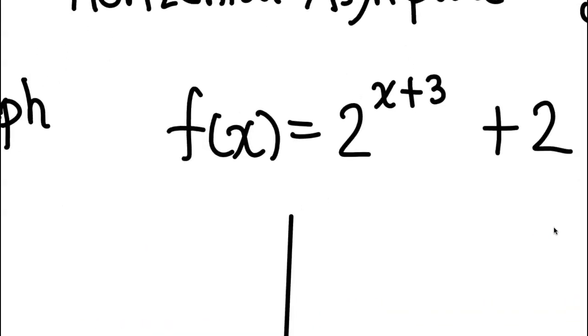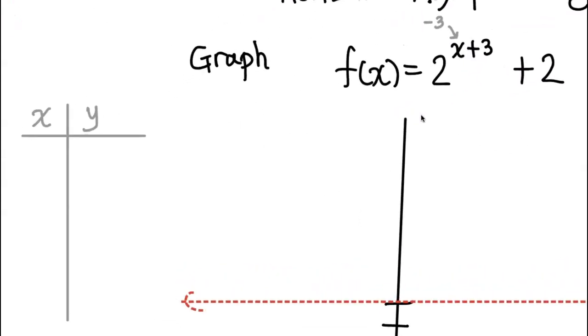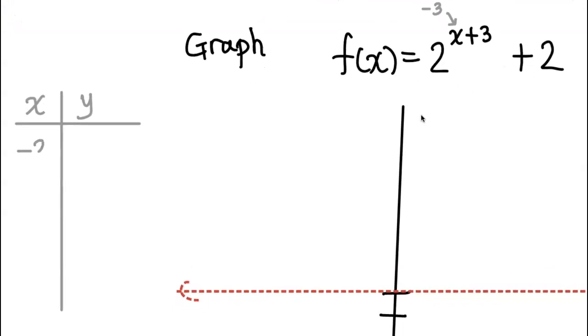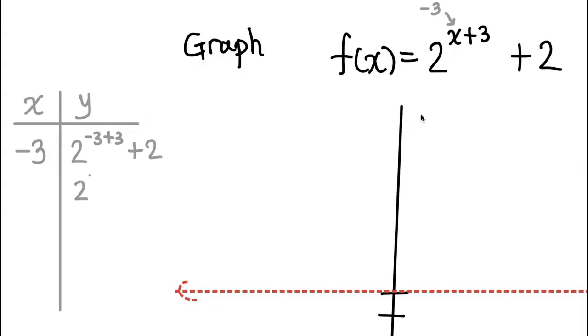Watch. I think it will be really nice if I plug in negative 3 here, because wouldn't negative 3 plus 3 give us 0 for the exponent? So I'm going to start by plugging in negative 3 for the x value. If x is negative 3, then the y will be 2 to the negative 3 plus 3 plus 2. Now what's that going to be? This will be 2 to the 0 power plus 2.